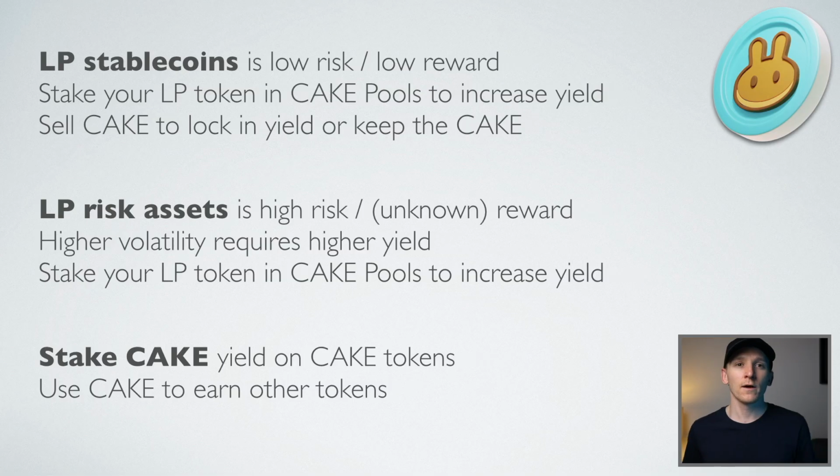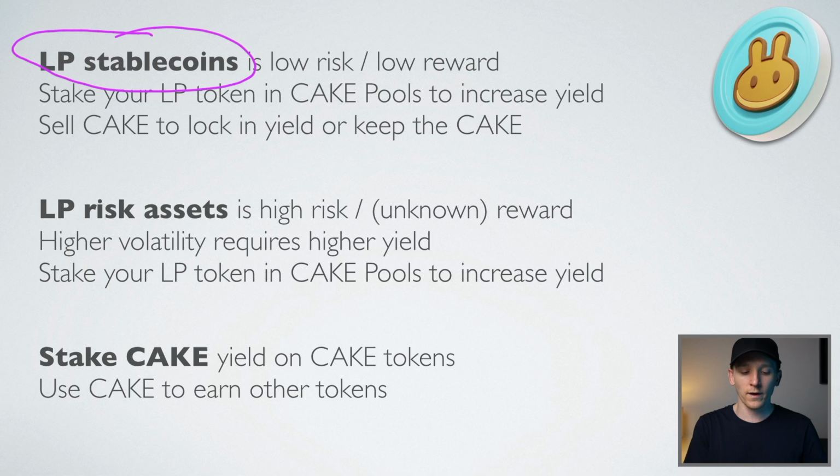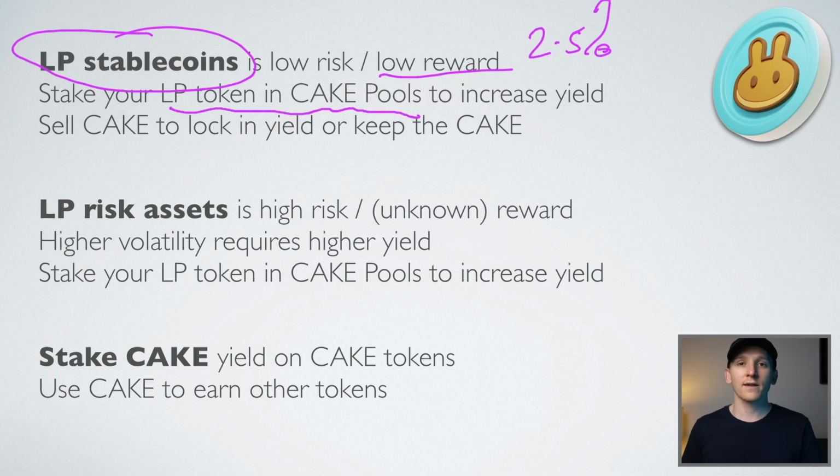So to recap all of the ways that you can earn, plus the risks of them, firstly, if you LP stablecoins, this is about as low risk as you can get in DeFi because there's no impermanent loss, but you're also going to get a low reward in terms of the payout from fees, around 2.5% on PancakeSwap. But you can stake your LP tokens in Cake to get those increased yields, which is around 7% on PancakeSwap.